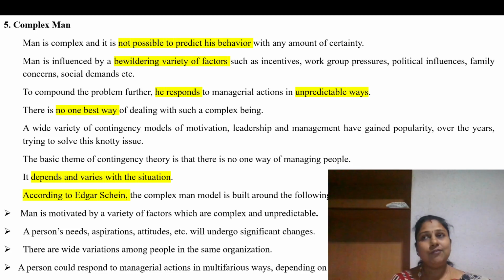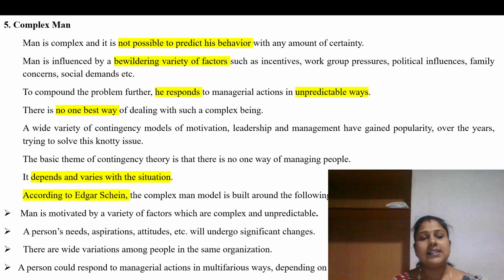The man is influenced by various factors such as incentives, group people, political influence, his family needs, or social needs. He will respond to managerial actions in an unpredictable way. There is no one best way of dealing with this complex man. So here one has to use the contingency model of a variety of motivation, leadership, and management styles.